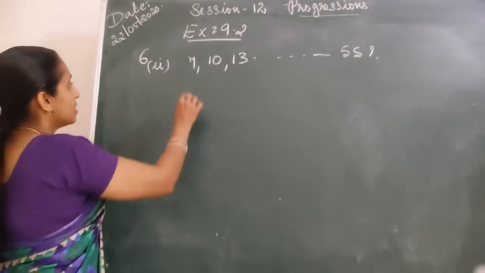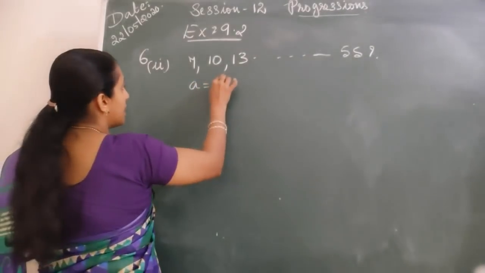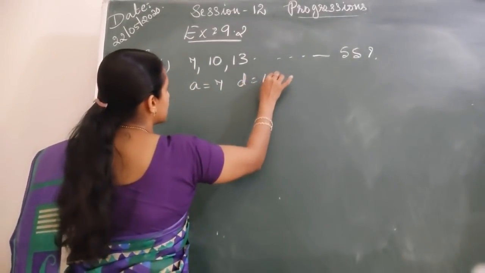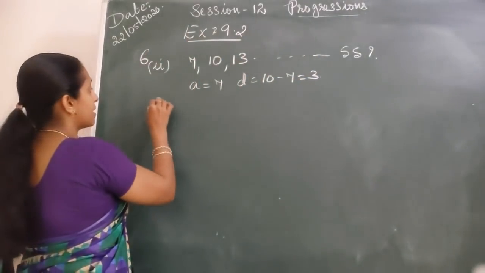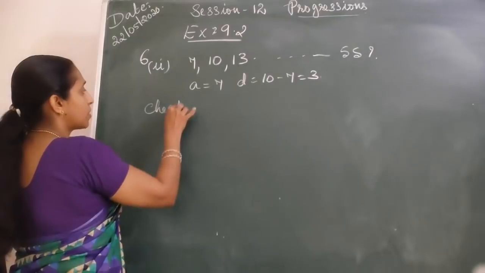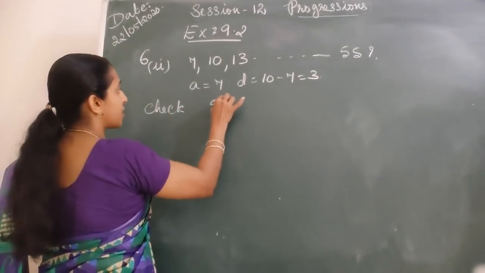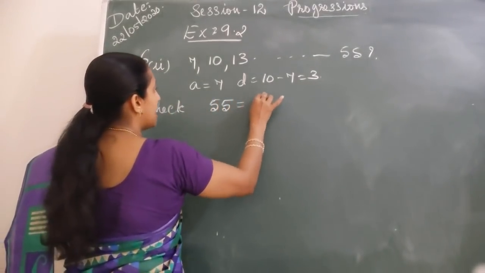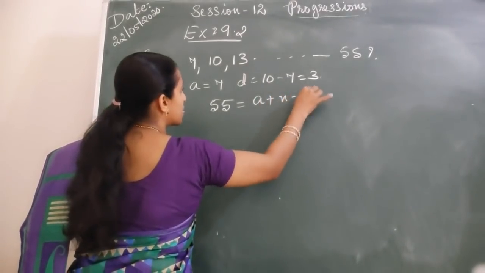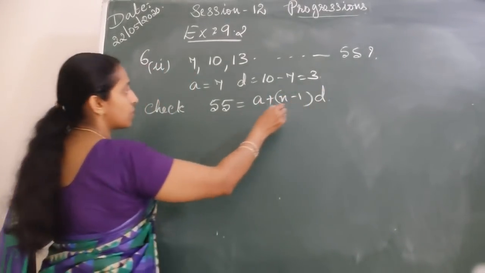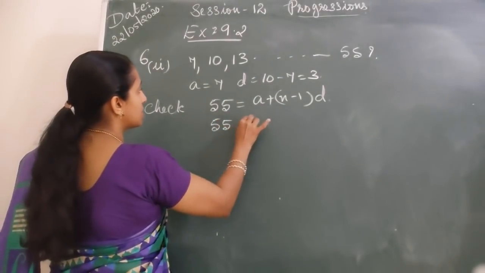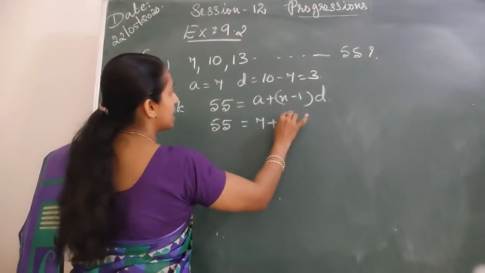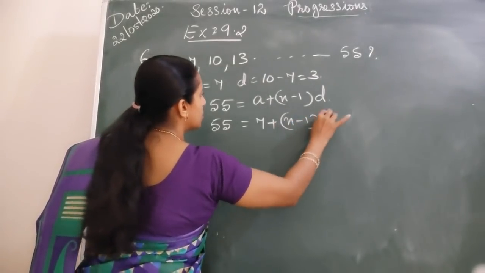That means here A is 7, D is 10 minus 7, that is 3, and you are going to check. How can you check? 55 is equal to A plus n minus 1 into D. You substitute there: 55 is equal to 7 plus n minus 1 into 3.